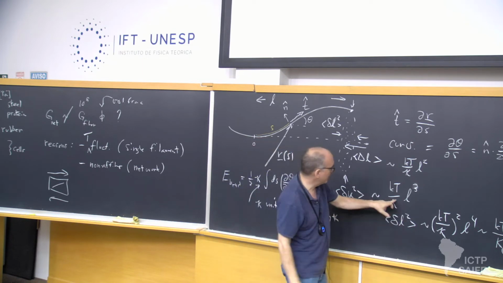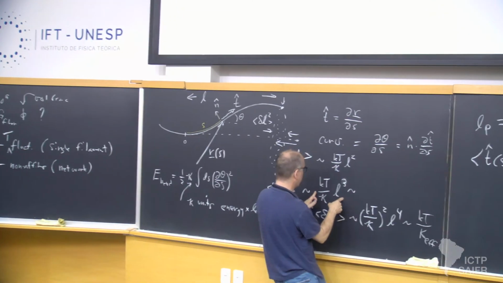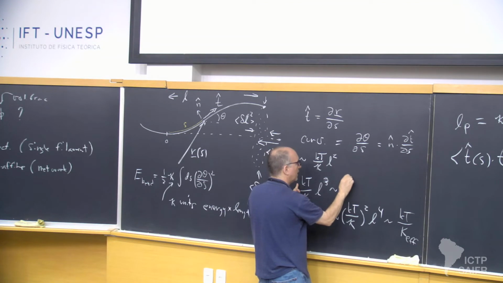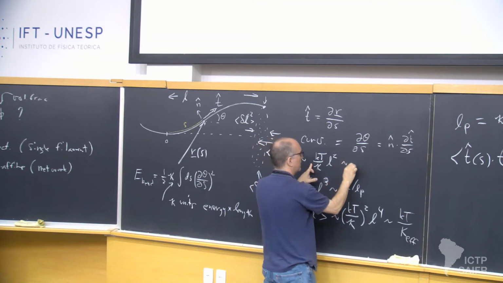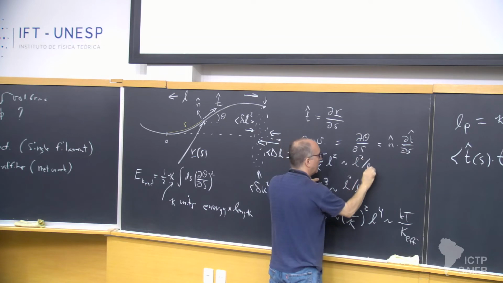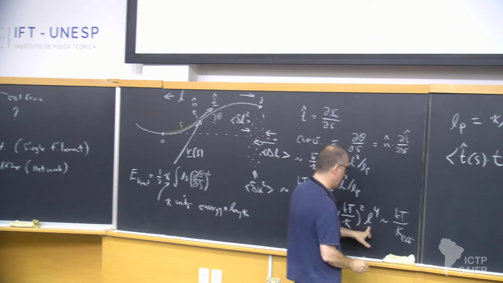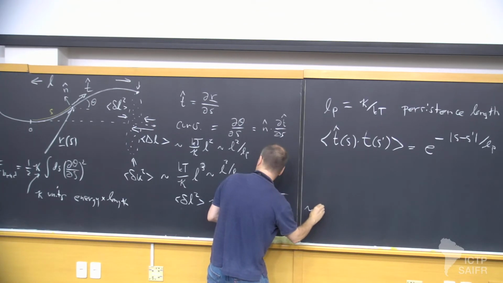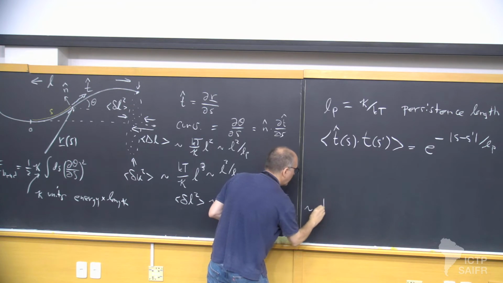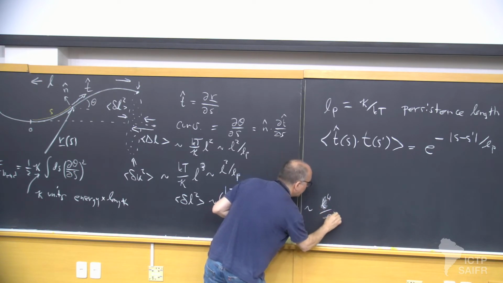And so that means these expressions can also be expressed in terms of length. This becomes L cubed over LP. This becomes L squared over LP. And this becomes L to the 4 over LP squared.